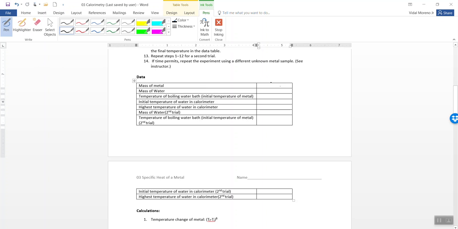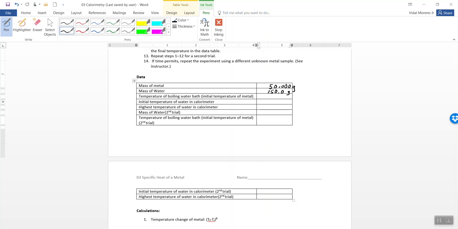Okay. The mass of the metal, I will say, is 50.000 grams. The mass of the water, of course, is 150.0. I didn't measure the mass of the water. What did I do? I measured the volume of the water. But because density is 1 gram per 1 milliliter, then the volume is the grams.